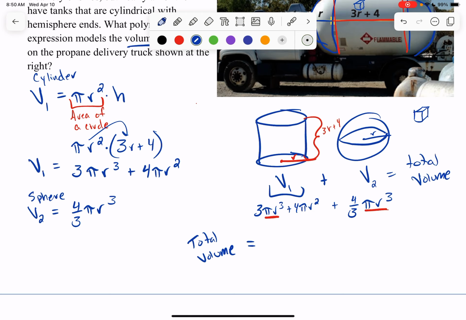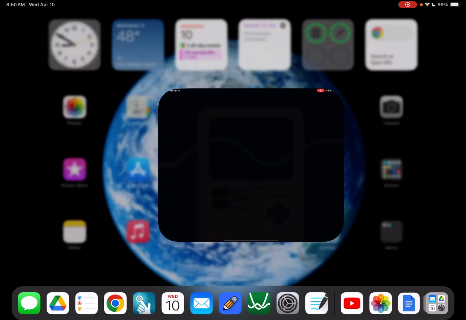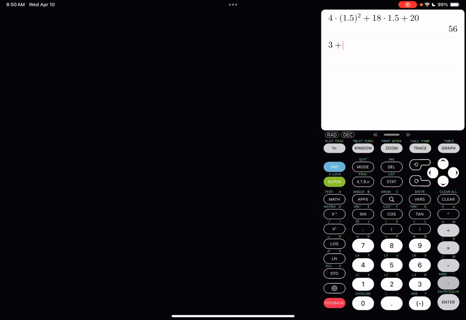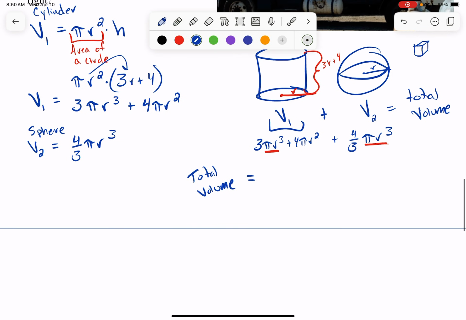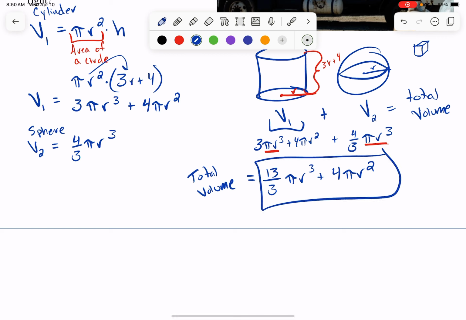So I need to take 3 and add 4/3. Let's grab my calculator. I take my 3 and add 4/3, and I get, math, enter, 13/3. So it would be 13/3 pi r cubed plus 4 pi r squared. So there is the expression for the total volume.